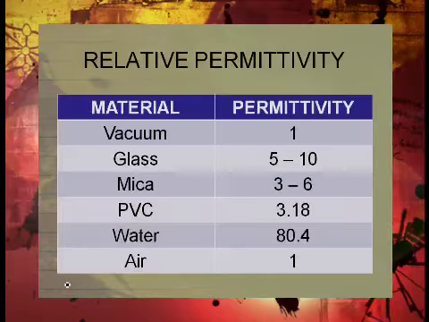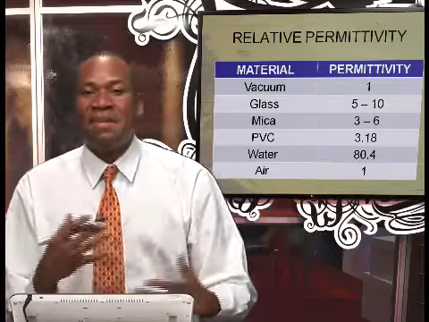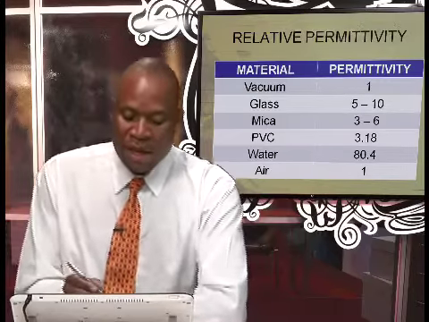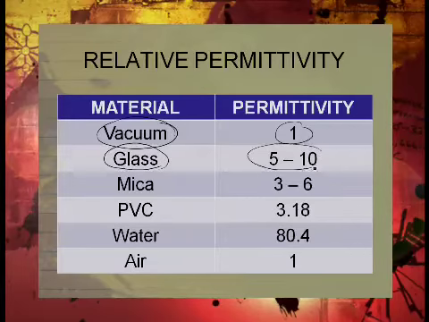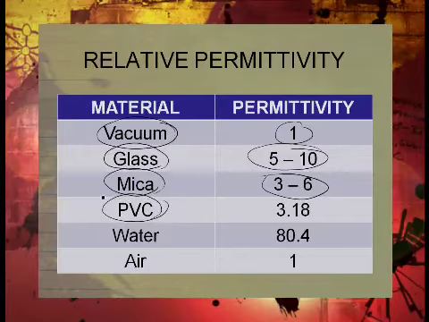Okay. Next, here what I have are materials with their permittivity constants. In a vacuum where we've got no air, the permittivity is 1. When we make use of glass as a dielectric, permittivity is huge, between 5 and 10. When we use something called mica, the permittivity is 3 to 6. When we use polyvinyl materials, PVCs, we have permittivity of 3.18.